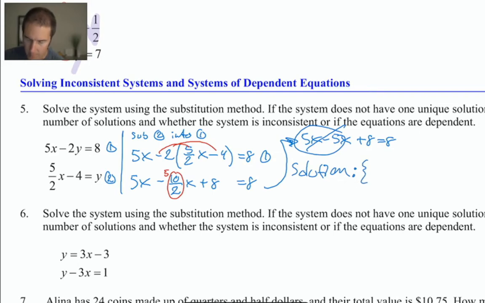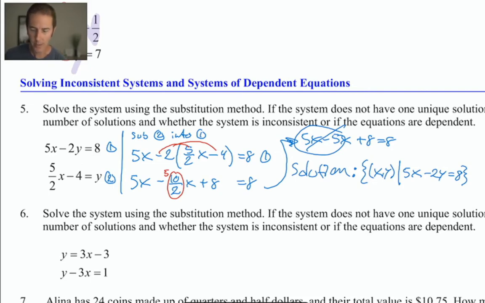It's the set of ordered pairs x comma y such that 5x minus 2y equals 8. In other words, our solution is any ordered pair that satisfies that one equation, because any ordered pair that satisfies that equation is going to satisfy equation number 2 also. A lot of solutions to that one.